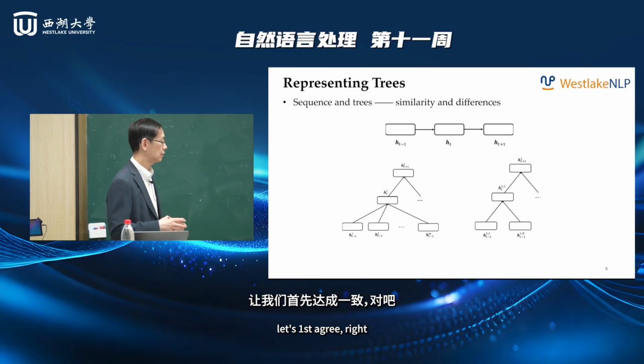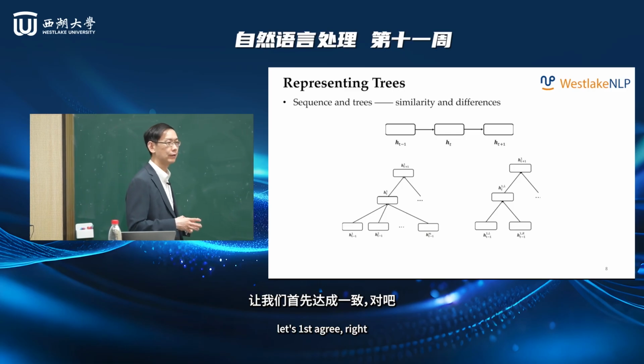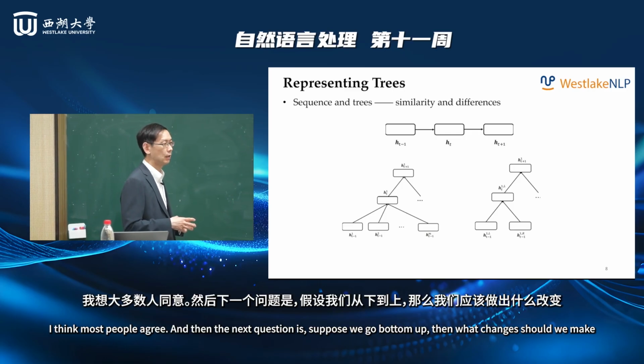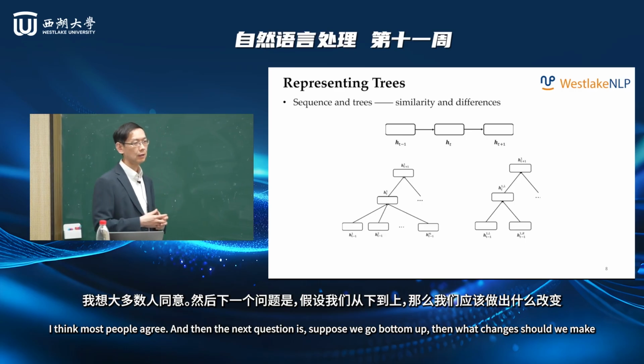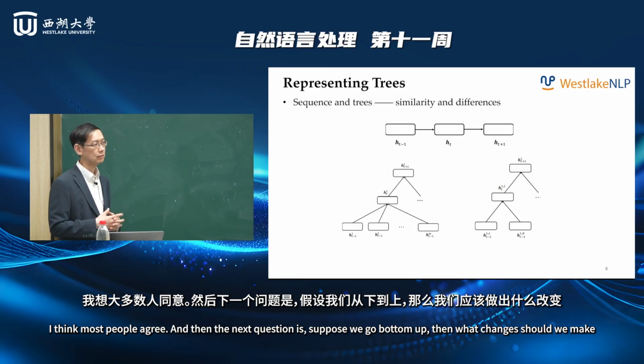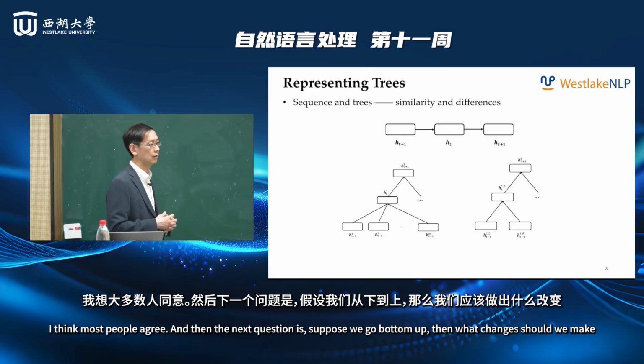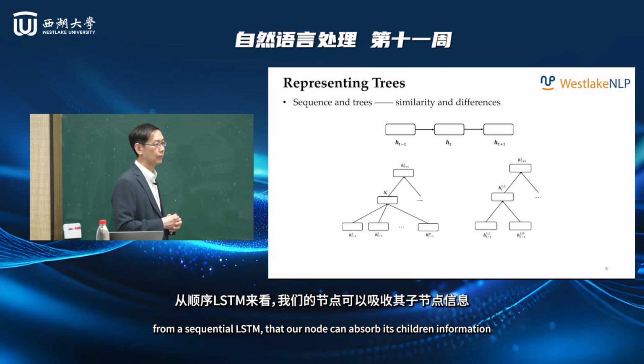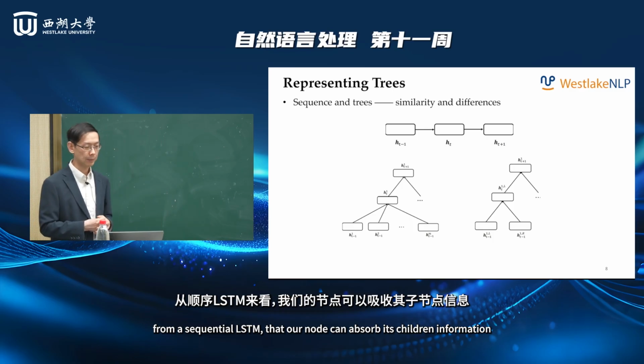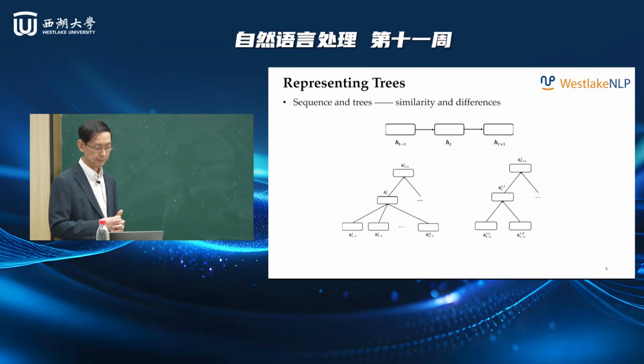Okay, so let's first agree, right? I think most people agree. And then the next question is, suppose we go bottom up, then what changes should we make from a sequential LSTM so that our node can absorb its children information, okay?